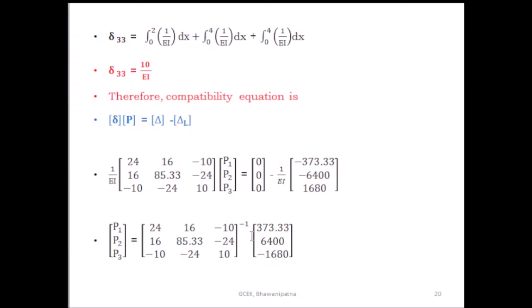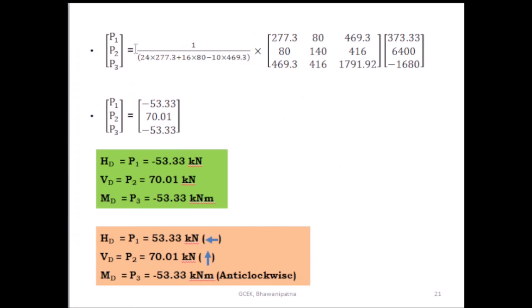Then we will get the forces P1, P2 and P3. This is the inverse of the matrix, and this is the column matrix of displacements due to the external loading.